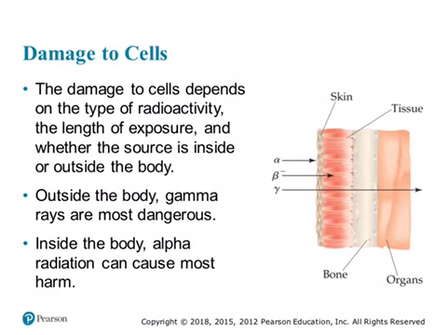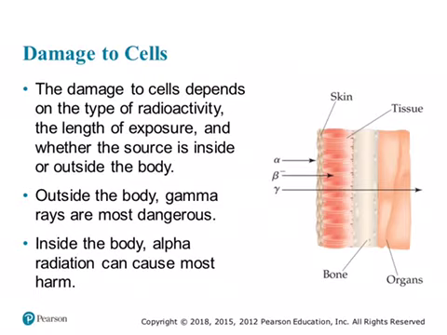The damage at the cellular level depends on the type of radioactivity, the length of exposure, and whether the source is inside or outside the body. Three big things. Outside the body, gamma rays are the most dangerous.